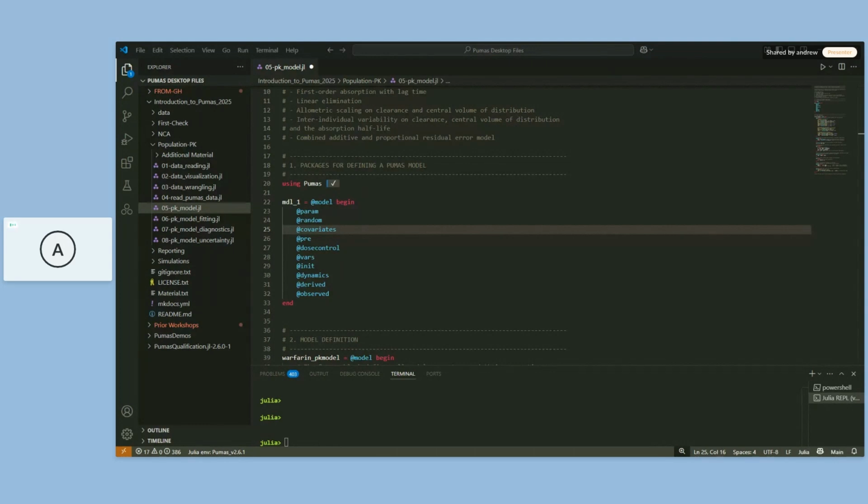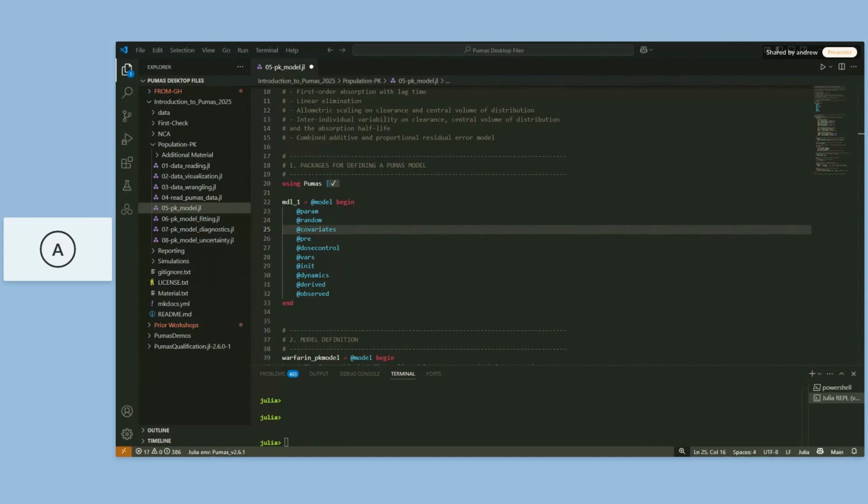To round out the last of our individual blocks, we also have the @init block. Again, this isn't going to be commonly used, but it is really important because you can define the initial conditions for your dynamic system. I've most commonly had to use this in considerations for pharmacodynamic modeling. There are instances for PK where this is important too.